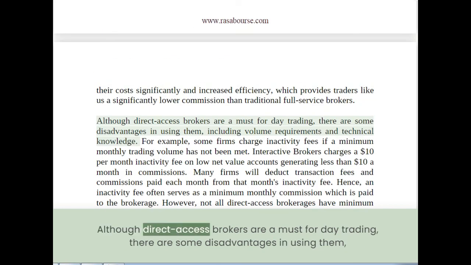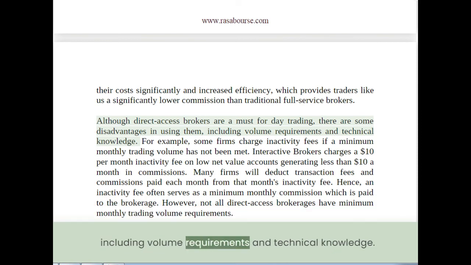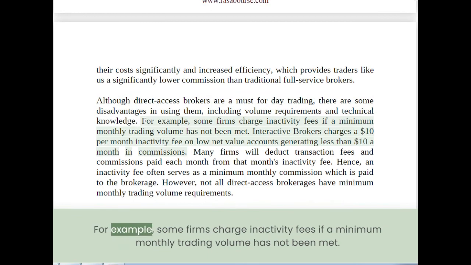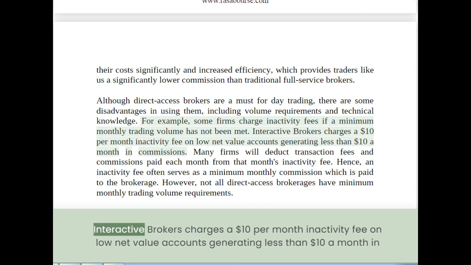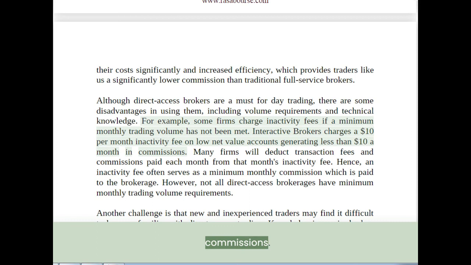Although direct access brokers are a must for day trading, there are some disadvantages in using them, including volume requirements and technical knowledge. For example, some firms charge inactivity fees if a minimum monthly trading volume has not been met. Interactive Brokers charges a $10 per month inactivity fee on low net value accounts generating less than $10 a month in commissions.